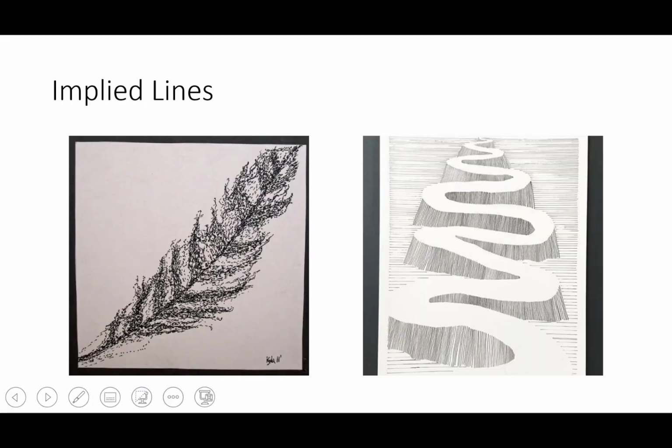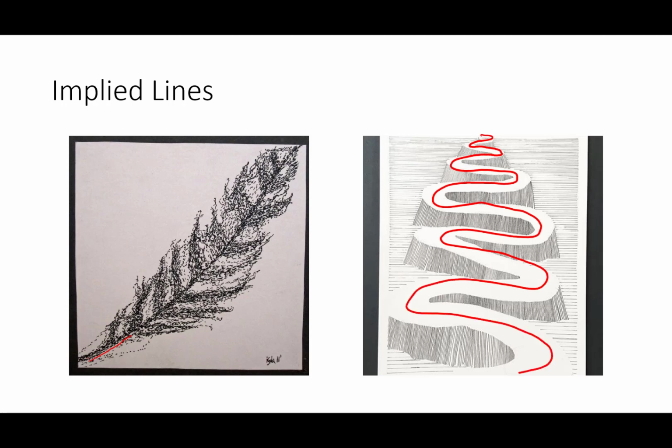Even more impressive in that are these examples of implied lines, right? So these are all broken up. This feather is all made up of implied lines, or this road, right? This curved, windy road, or it looks like a road to me. This is all implied. What's fun with this one, right, is it's using regular actual lines to create an implied line.